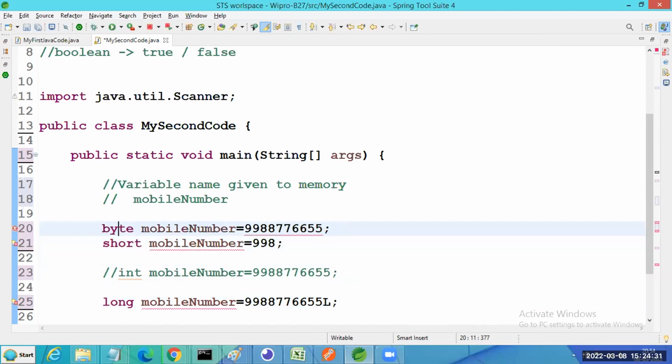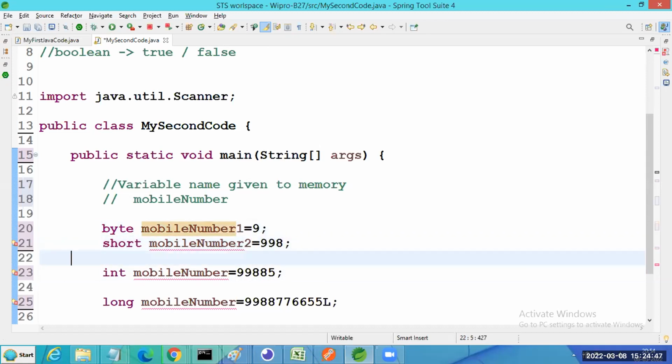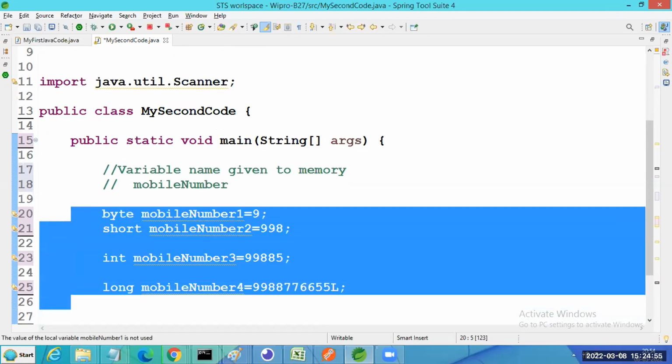For byte, this is valid. For int, this number is valid. Correct? Let's say 1, 2, different names of variables should be taken, 3 and 4. All are valid? Yes.